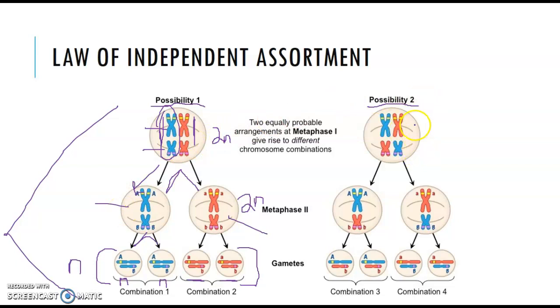So when they've lined up to split, you can see over here we have a chromosome from dad and a chromosome from mom, and over here we have a chromosome from mom and a chromosome from dad. So we split into our first division, and then we still have a chromosome from mom and a chromosome from dad, and a chromosome from dad and a chromosome from mom.